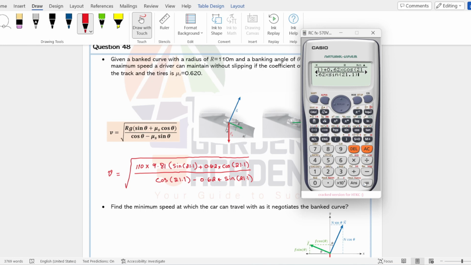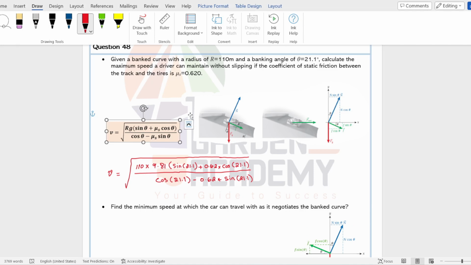Right. And we find the answer is 37.77, as simple as that. So 37.77 is the final answer, and the unit is meters per second.